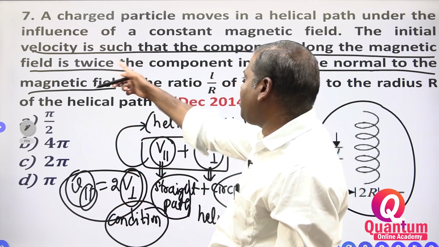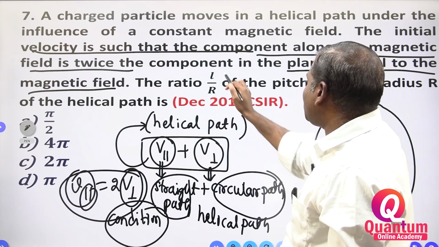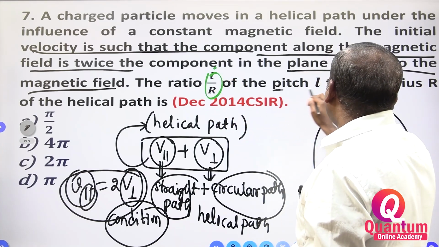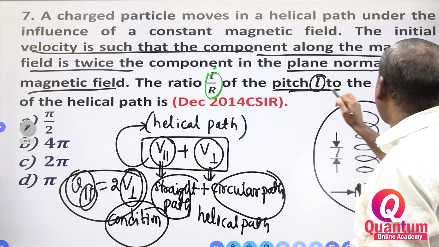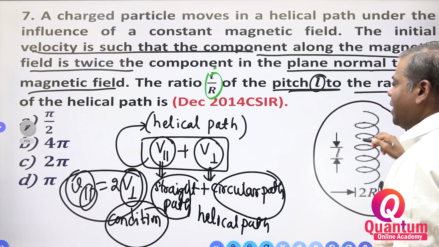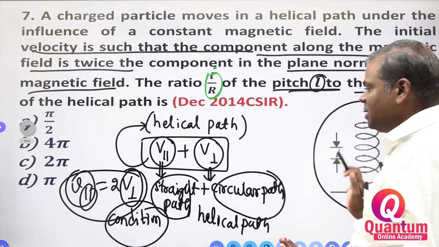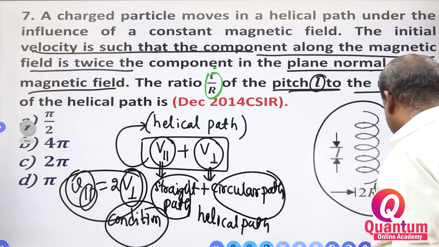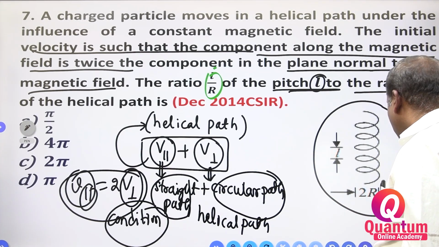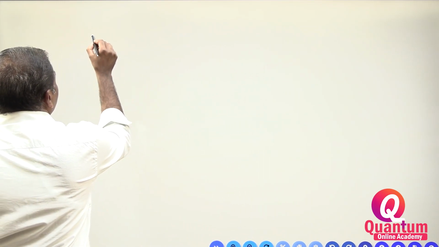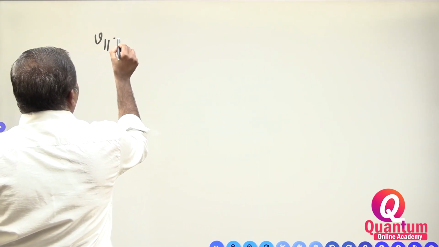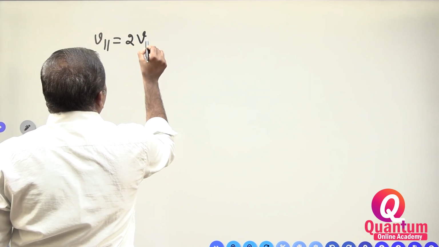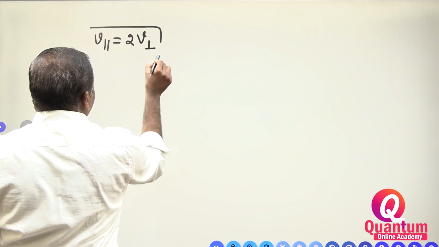The ratio of L by R, where L is the pitch, to R, the radius of the helical path, is what they are asking. How we have to calculate? First, what they are giving? The parallel velocity is equal to 2 into perpendicular velocity.